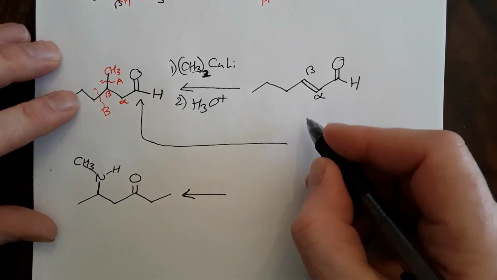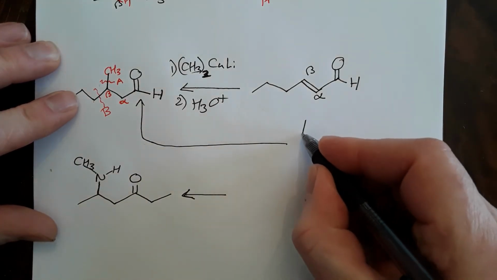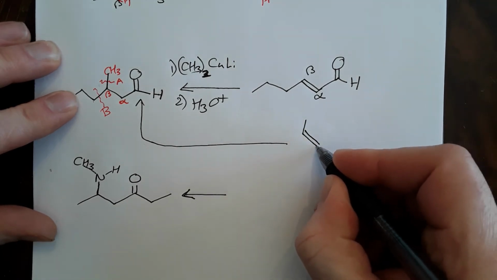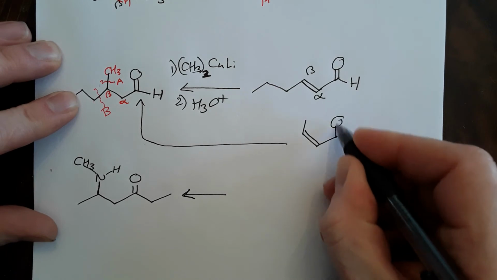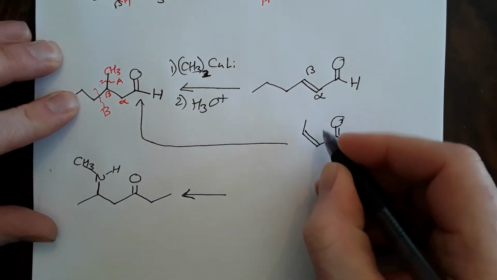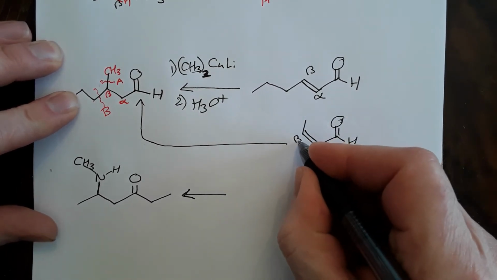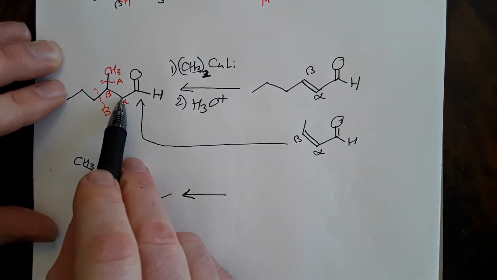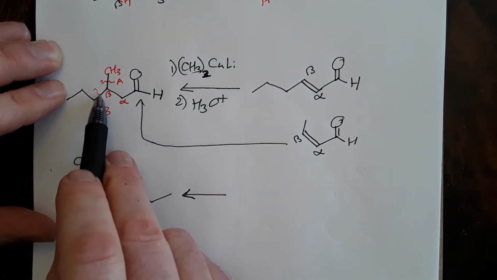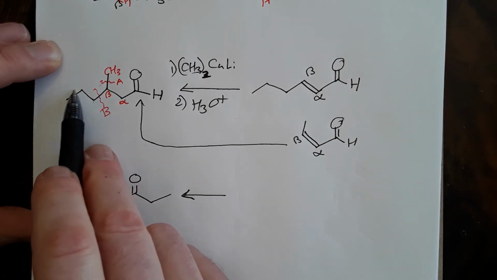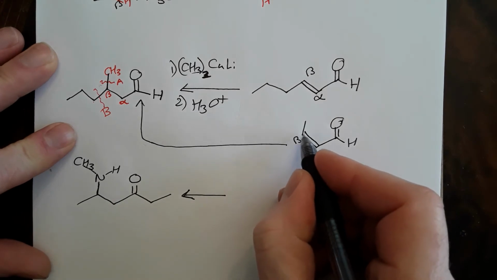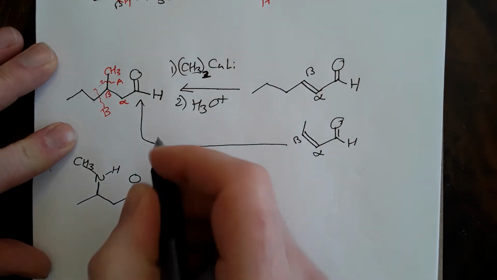Okay, so we had an alpha-beta unsaturated carbonyl compound to begin with. Alpha, beta. So the double bond had to be between these two carbons, and then we're adding this group on here, this 3-carbon chain, and we would have to add that again as a cuprate if we wanted it to add to the beta carbon.